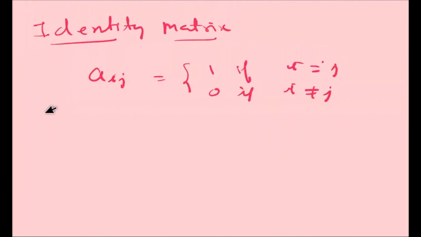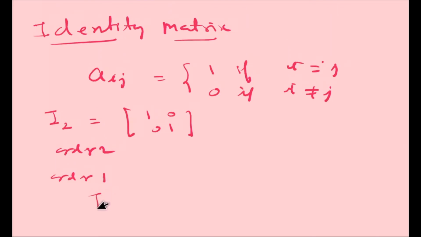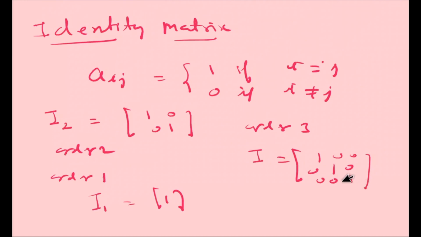So the identity matrix of order 2 has 1, 1 on the diagonal and 0, 0 elsewhere. For order 1, you can write I1, that is 1. And for order 3, I has 1, 1, 1 on the diagonal and 0 elsewhere. Now you can see here, if i equals j, the value of the entry is 1. If i is not equal to j, then the value of the entry is 0.